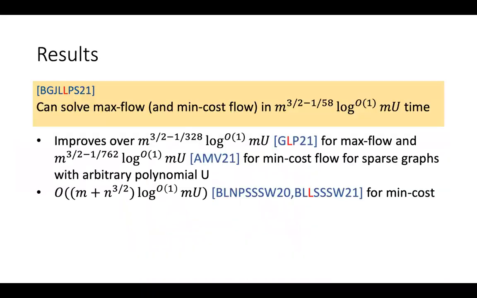flow. Our results are that we can solve the max flow problem and min cost flow in time m to the 3/2 minus 1/58 up to logarithmic factors. This improves over previous results for maximum flow and min cost flow for sparse graphs with arbitrary polynomial capacities U. Also, in sparse graphs, it improves over m plus n to the 1.5, which was achieved for min cost flow earlier.